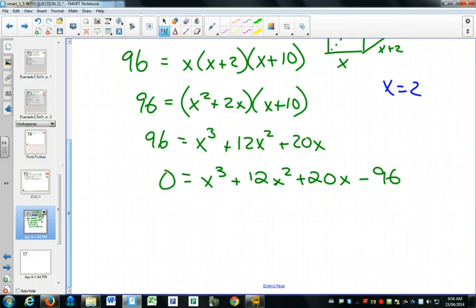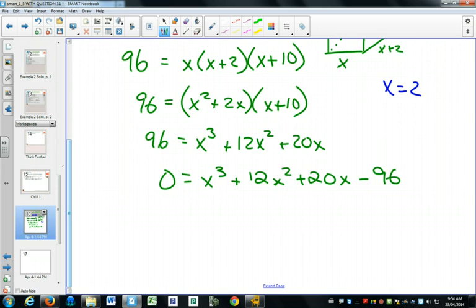Now the factors of 96 are 1 and 96, 2 and 48, 3 and 32. I'm not going to list them all because you're not going to plug in. Can you see that on a non-calculator thing, you're not going to plug in 96 and check to see if it's equal to 0. You're not going to plug in 48 to check if it's equal to 0.